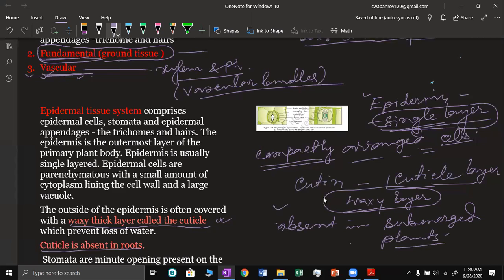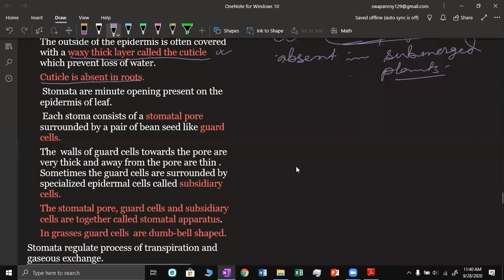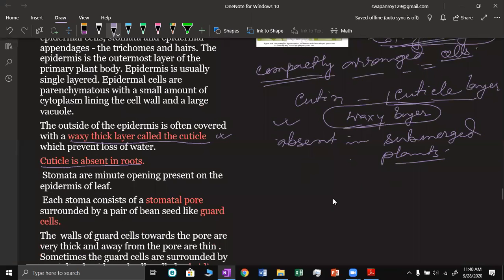Another structure found on the epidermis is hairs, different types of hairs. The hairs on the shoot system are known as trichomes. Trichomes we call only in the case of the shoot system.